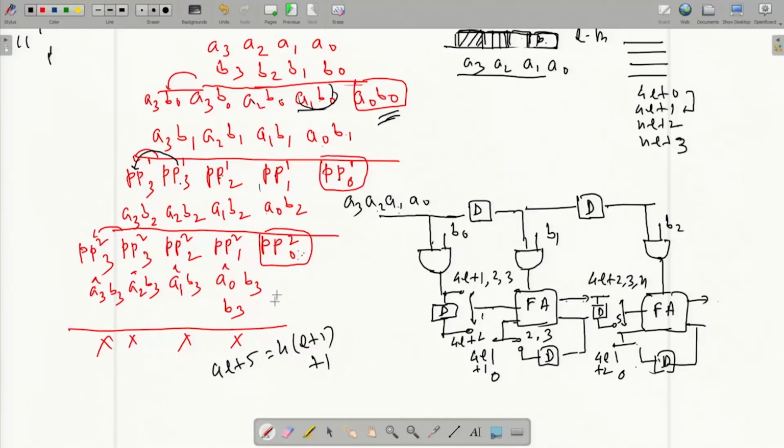And now, last one, we put a delay again. So, A 0 came here at 4L plus 0, 4L plus 1, 4L plus 2, 4L plus 3. And you need an inverter because all are not gated.